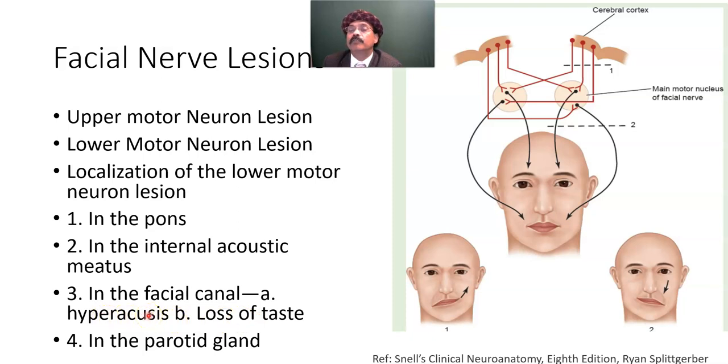Hyperacusis means excessive sound sensation due to the non-function of the stapedius muscle. Okay. Is there any lesion of the parotid gland? Just facial expression will be lost, but there will be no loss of taste or hyperacusis or excessive hearing sensation.